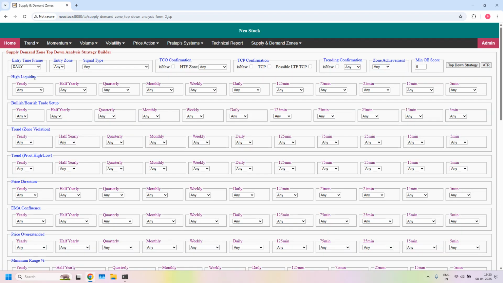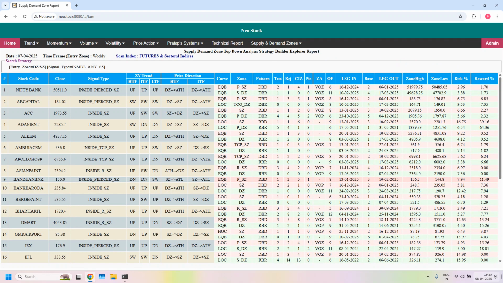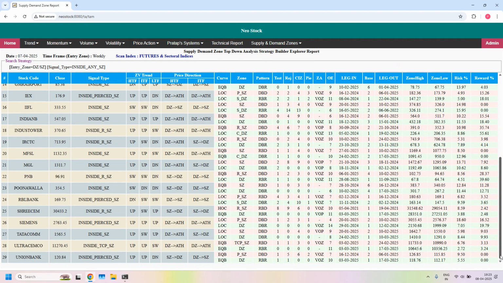Next, price closed inside the weekly supply zone. First 16 stocks in the list. Scrolling the list down. Total 29 stocks are filtered.